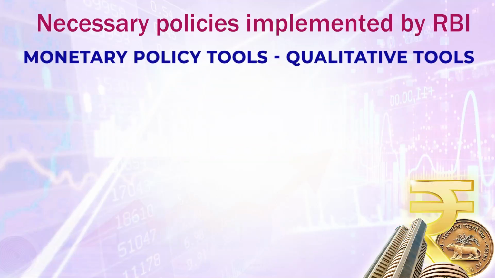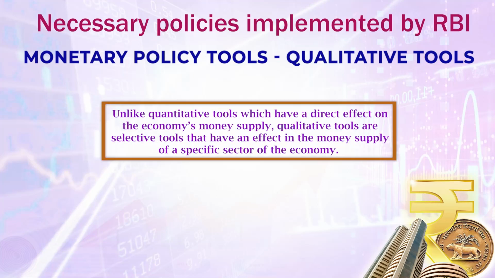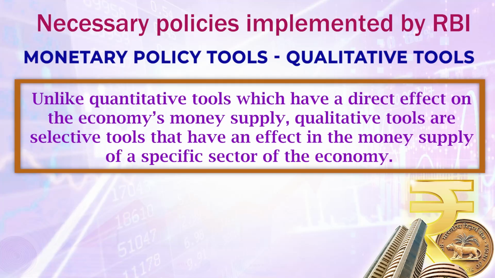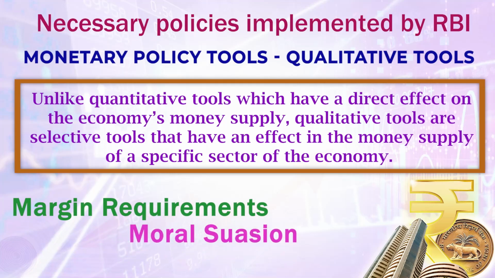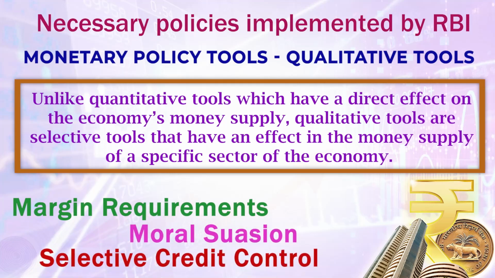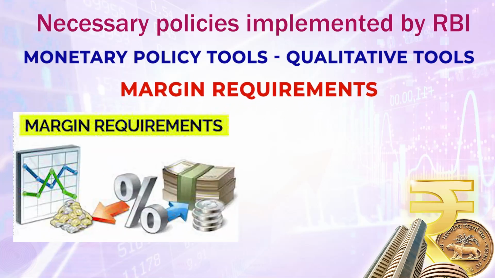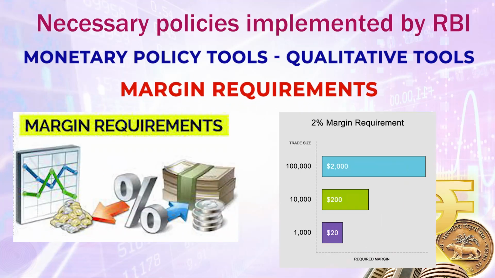The other monetary tools we can talk about are the qualitative tools. The qualitative tools are the margin requirements, moral suasion, and selective credit control. The margin requirement basically refers to the amount of collateral which the customer has to offer when they take a loan.